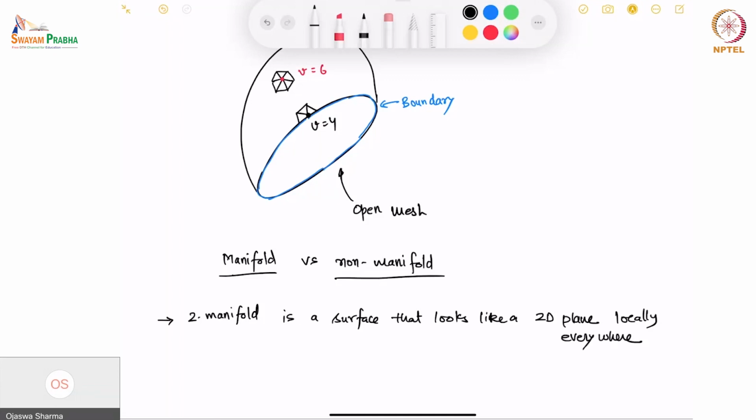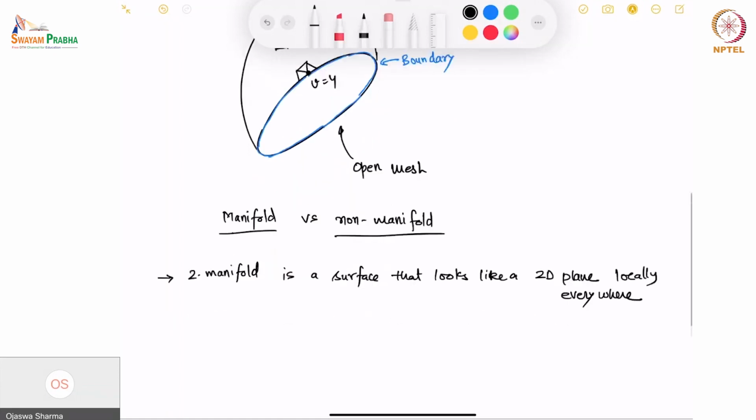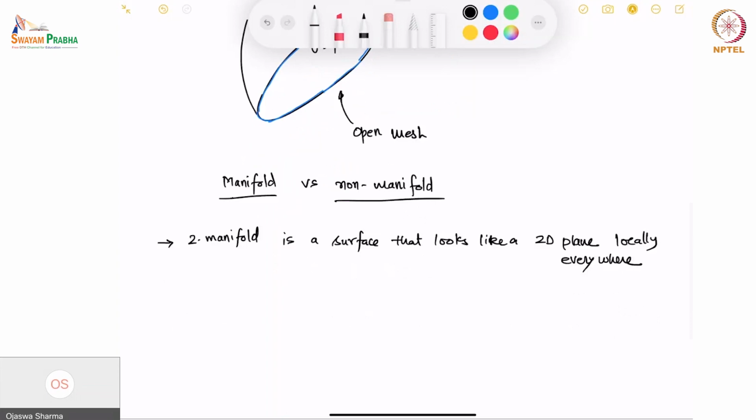Remember that example of the Earth, or that of an orange and an ant moving on an orange. To the ant, it's a flat world, but we know that it's not flat. But if you go infinitesimally close to a point, thinking that the orange or the Earth is very smooth, it would look like a planar sheet.